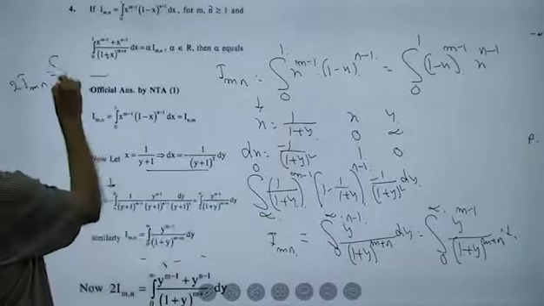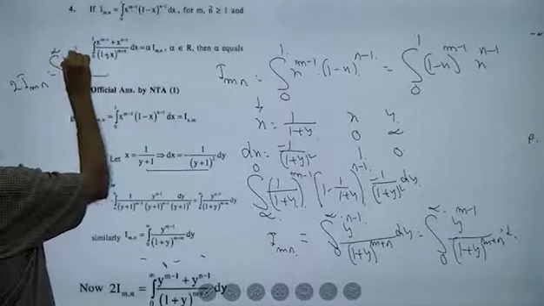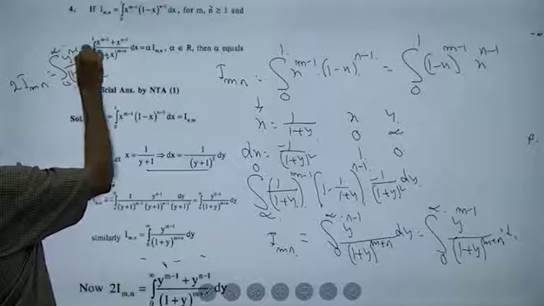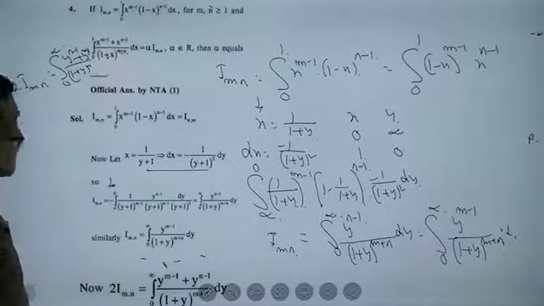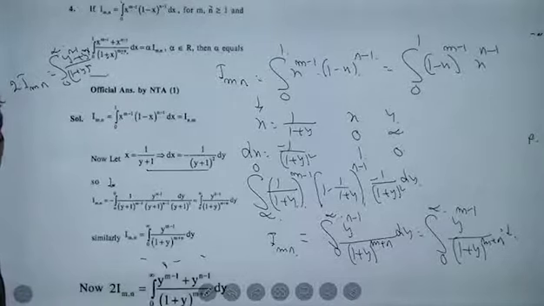You are going to get the integral from 0 to infinity of y power n minus 1 plus y power m minus 1 by 1 plus y whole power m plus n. So 2Imn is equal to this.